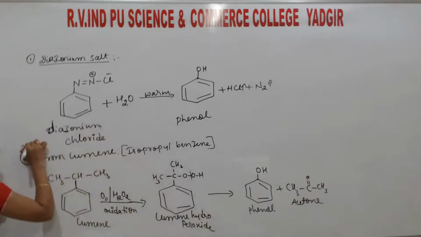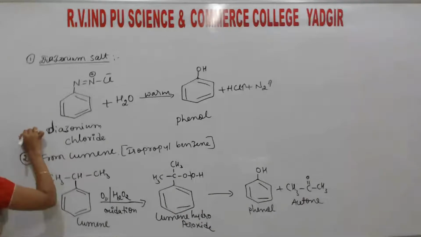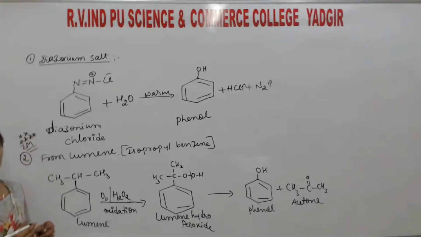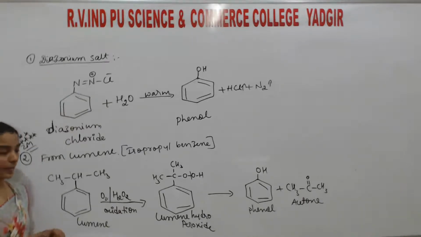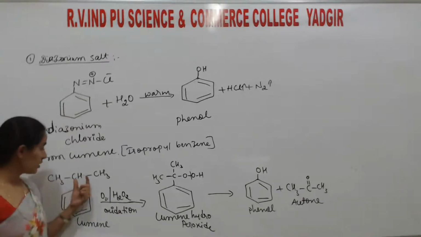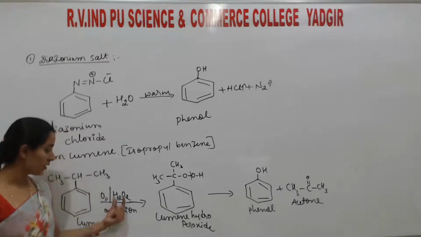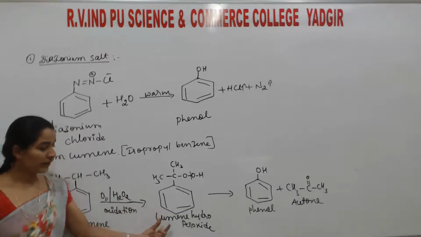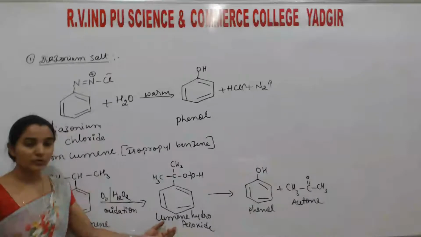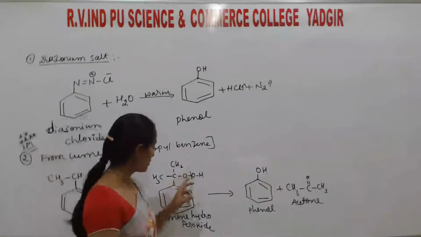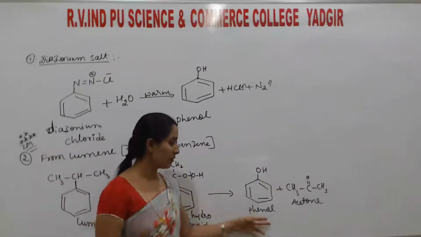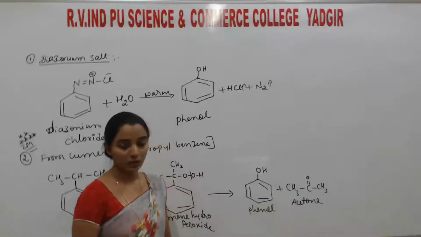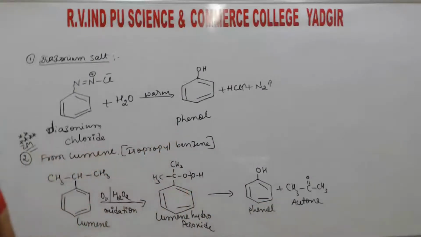Okay, this is very important. Understand? Preparation of phenol from cumene. So CH3, CH, CH3, cumene is there. Oxidation takes place, then cumene peroxide, because oxygen is inserted here. Later with acid. Okay. Next.